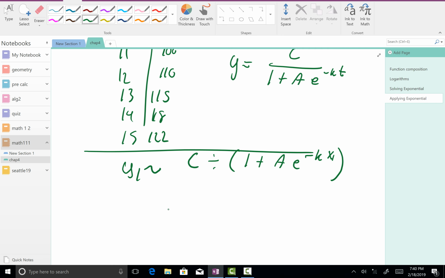We need the initial temperature, the room temperature, and then the amount of time that it was sitting. I'm trying to zoom in so you guys can see it better. There we go. Okay, so we have the initial temperature, right?